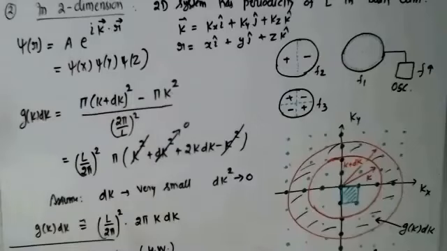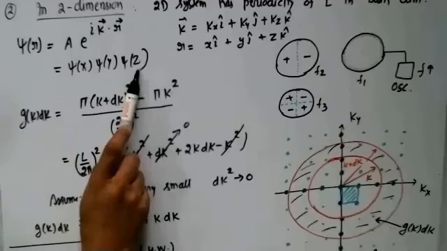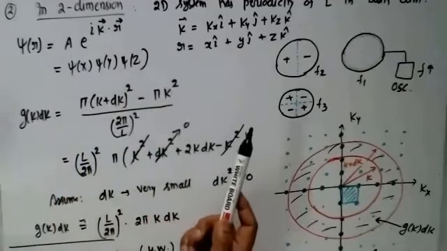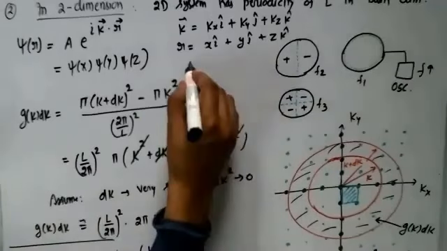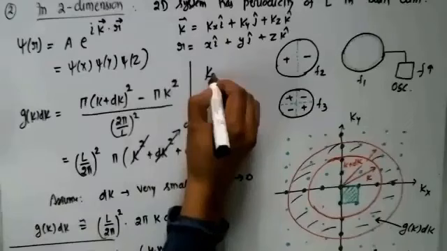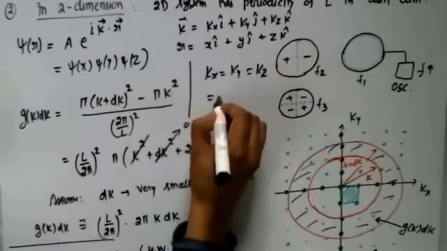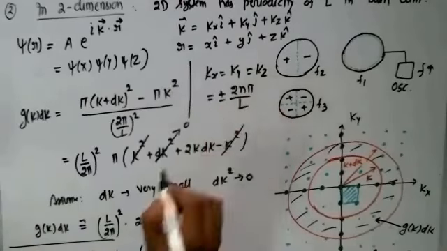And then you can have a periodicity L in all 3 dimensions, and then you're going to have the values of kx, ky and kz, am I right? और वो सेम ही होगा सभी केस में. वो कितना जाएगा? kx equal to ky equal to kz equal to plus minus 2n pi by L.